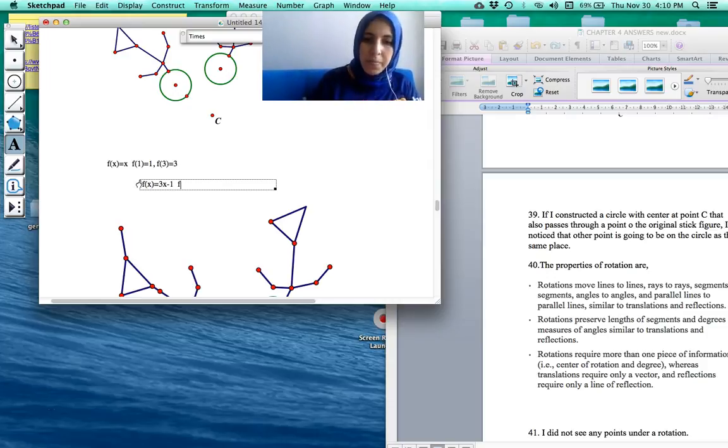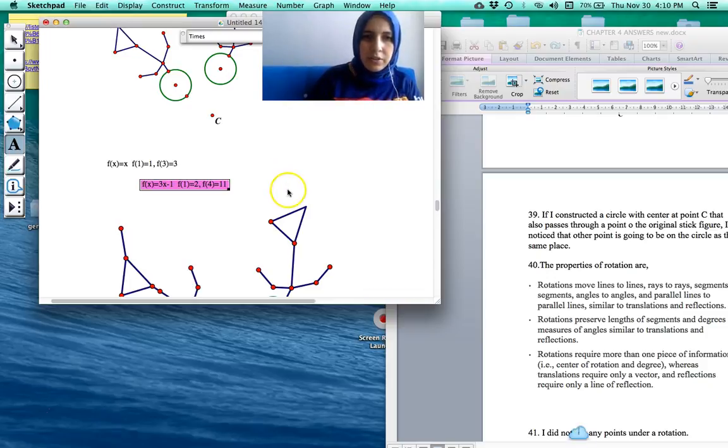For example, f(1) equals 2 or f(4) equals 11, and it has 0 fixed points.